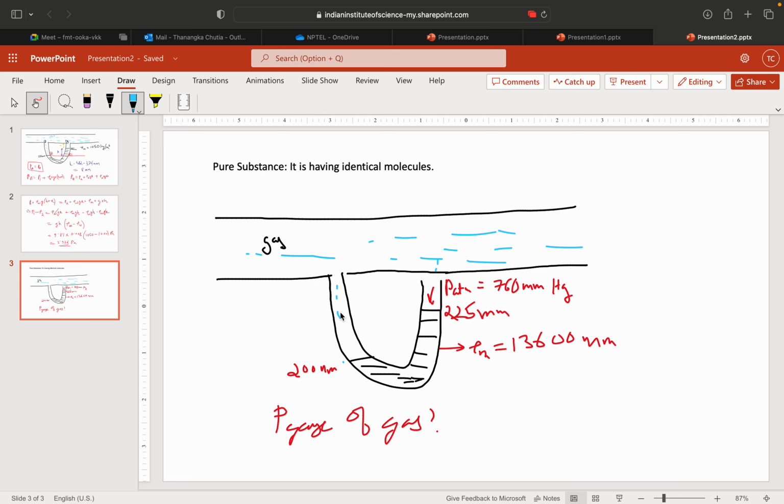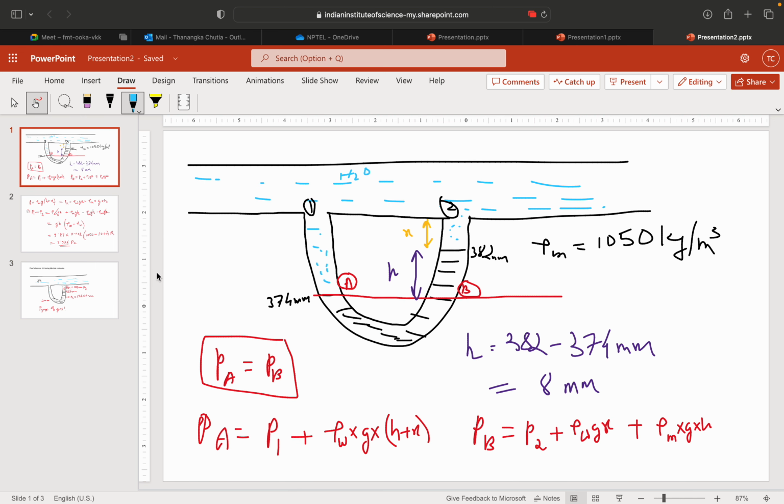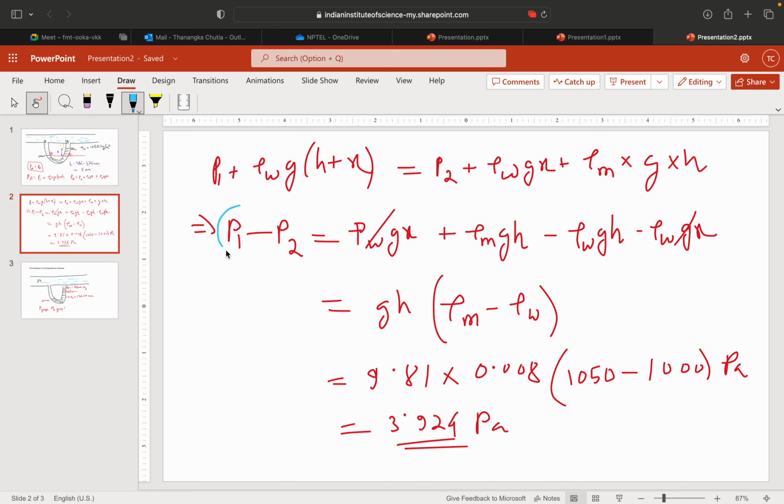Once again, let me come back here. Here we have calculated P1 minus P2. There was one question in your assignment, so you can try this: is it the difference between the gauge pressures or the difference between the absolute pressures?